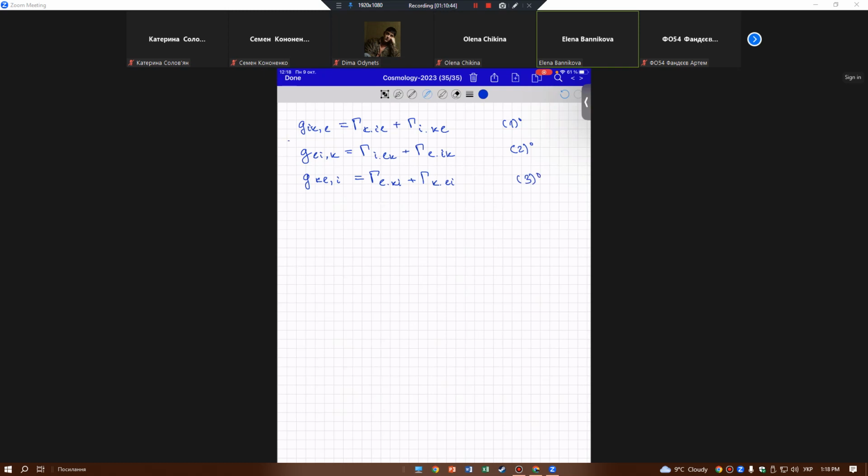What now I can do? I make this plus this and minus this. So it will mean that this is g_{IKL} plus g_{LIK} minus g_{KLI}. And after this, I can see that due to symmetry of the Christoffel symbol relative to the indexes, this will disappear and this will disappear.